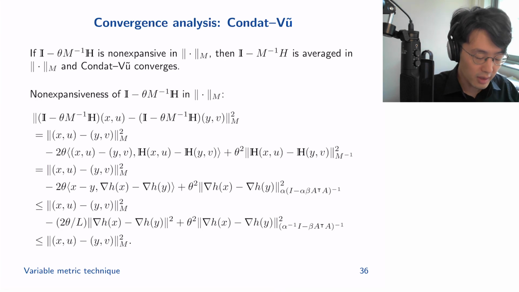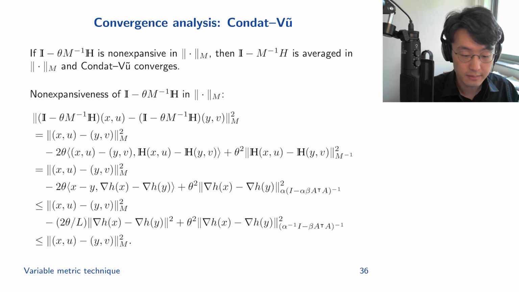Okay, so the H operator has the gradient operator for the x input, but it's 0 for the second output. So when we evaluate this inner product, the u and the v become irrelevant because there's nothing on the second part. So we can simplify this inner product as x minus y, inner product with grad h(x) minus grad h(y). And then here we have the H operator and then the M matrix.